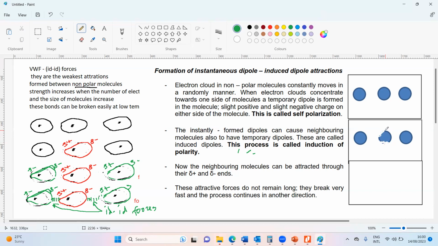And on the other side, electron concentration increases. This side is delta negative, positive. Right-hand side is delta negative.